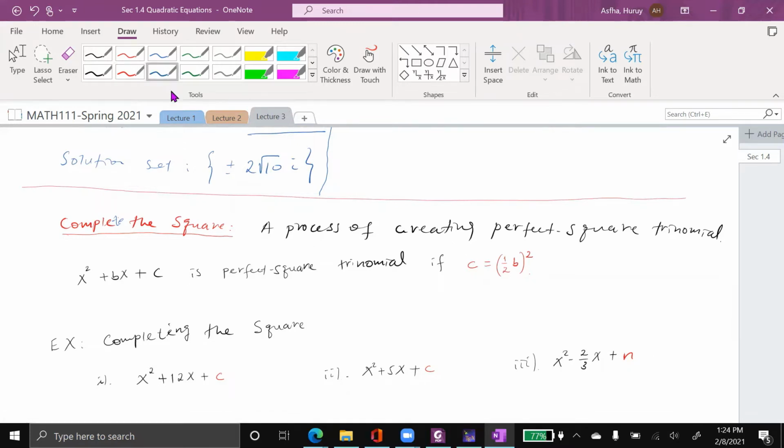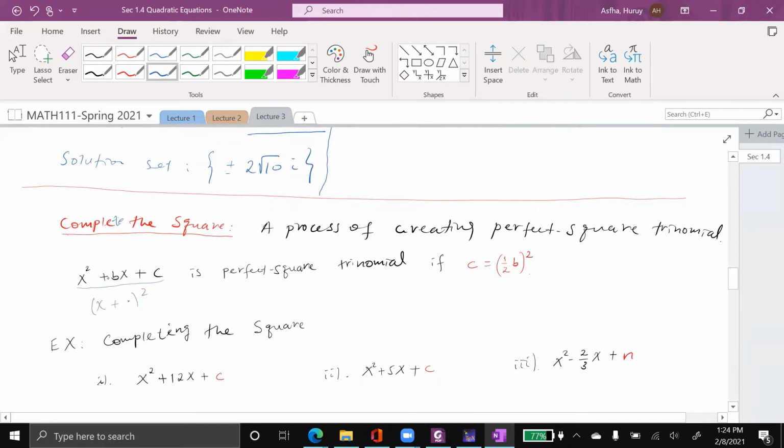What I mean by this is, if you have a quadratic expression like this one, then in order for this one to be a perfect square trinomial, you can write this one as x plus some term here, the whole square.